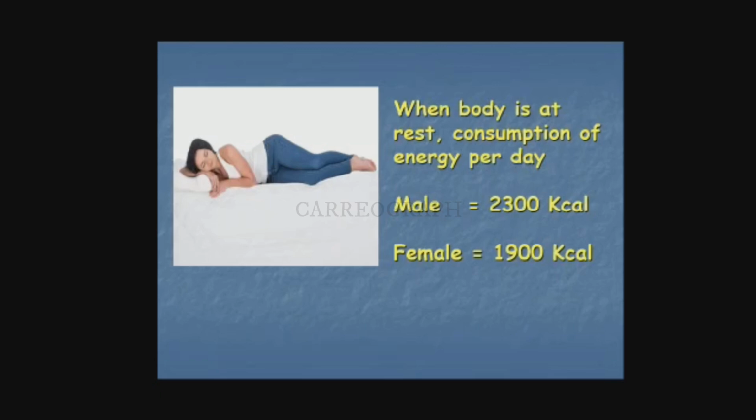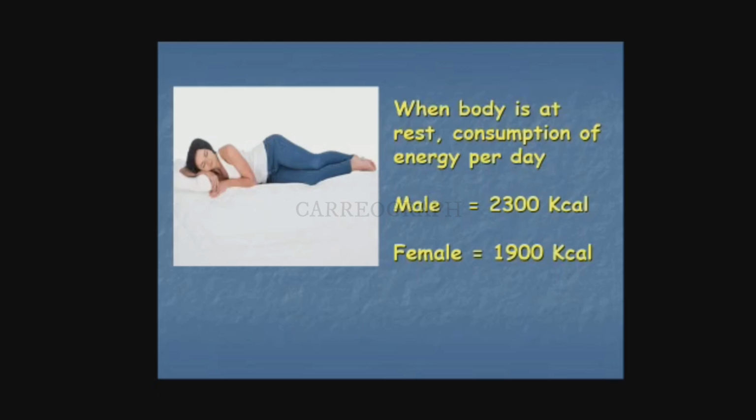The minimum consumption of energy per day in a male at rest is 2300 kilocalories, whereas in a female at rest it is 1900 kilocalories. So friends, we have seen that when the body is at rest, it also requires energy, and we get this energy from the process of metabolism.